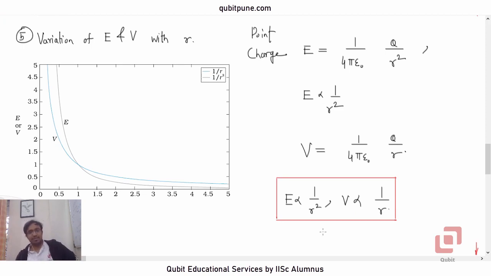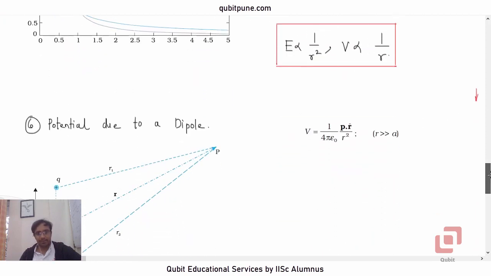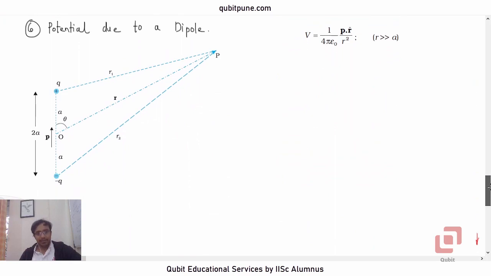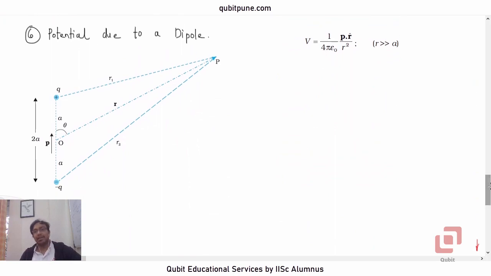There are some other situations, how potential drops or how electric field's magnitude drops in the case of electric dipole. We talked about electric field of a dipole yesterday in our revision of the first chapter, and now we talk about potential due to a dipole. I will not explain again what a dipole is, but let me remind you that P bar is electric dipole moment.